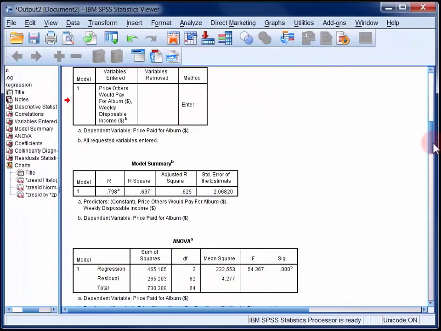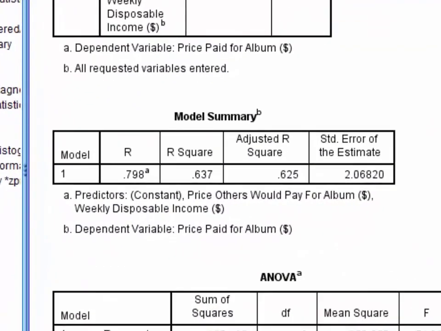In the model summary table, there's a few figures of interest. The first of these is R², which indicates the proportion of variance in the criterion accounted for by the predictor variables in combination. In this case, disposable income and price others would pay can collectively account for 63.7% of the variance in prices that people paid for the album.